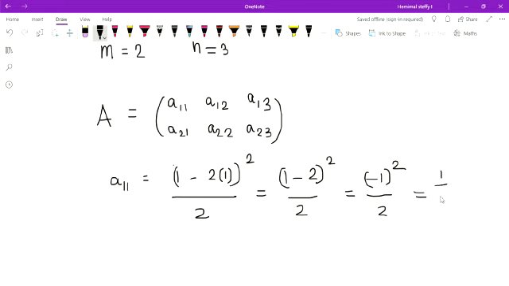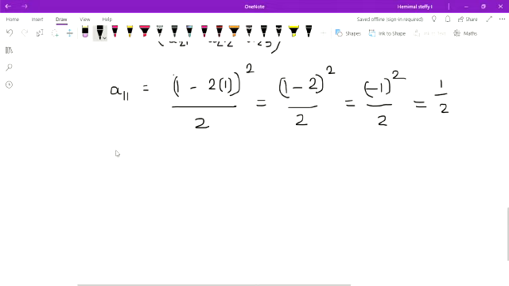Then I am taking the next one, the first row, second column element, A12.